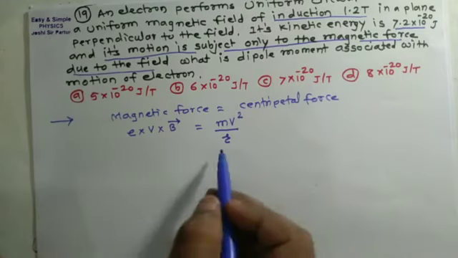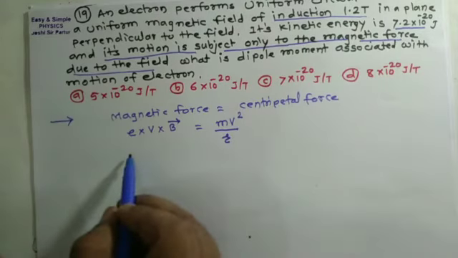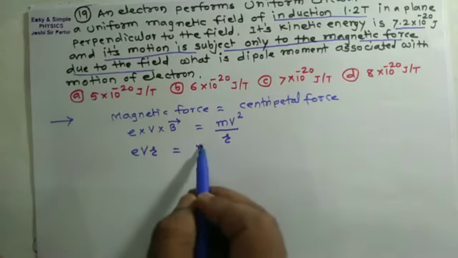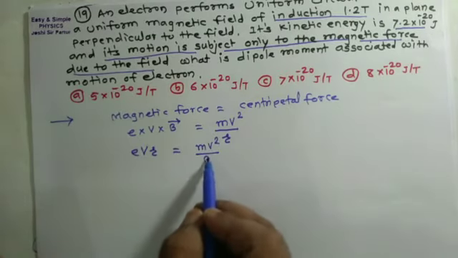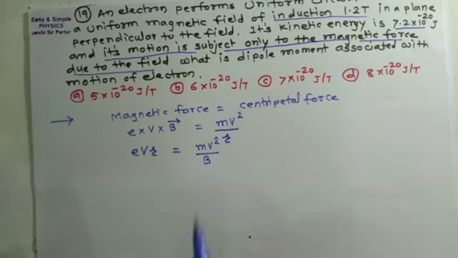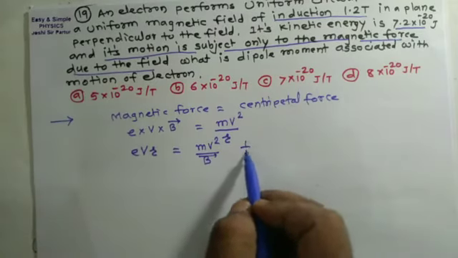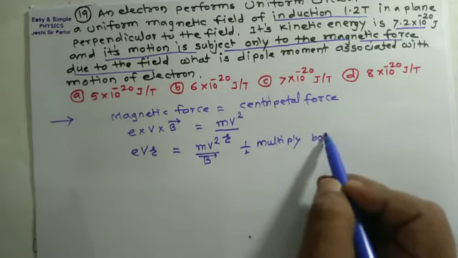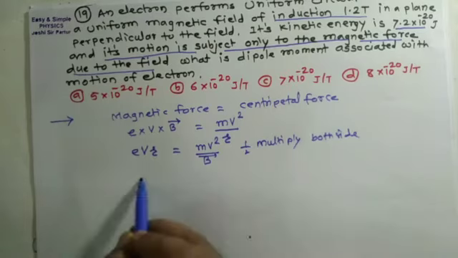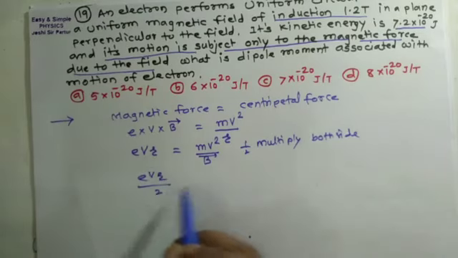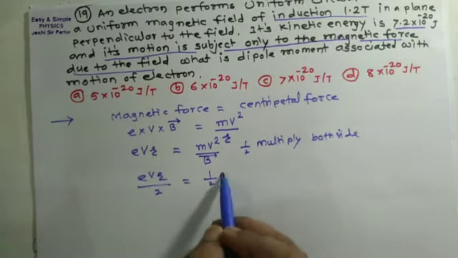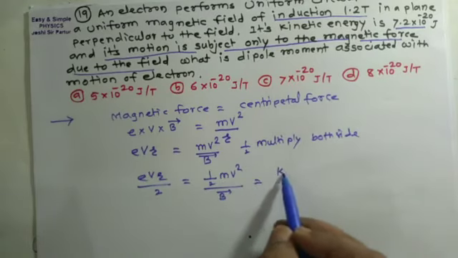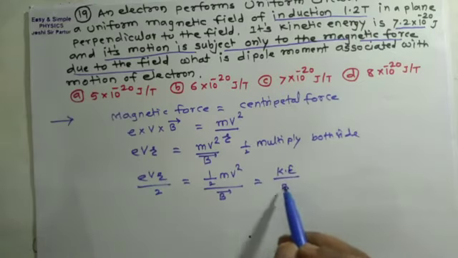If r is multiplied here, it is evr equal to mv square upon vector B. Multiply half on both sides. What happens? evr upon 2 is equal to half mv square upon vector B, that is kinetic energy upon vector B.